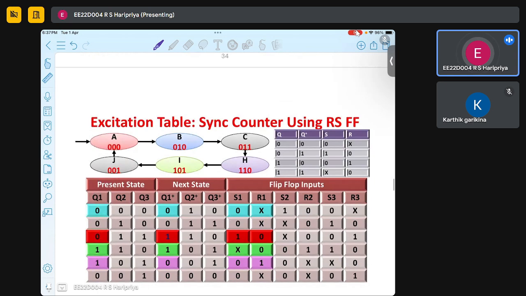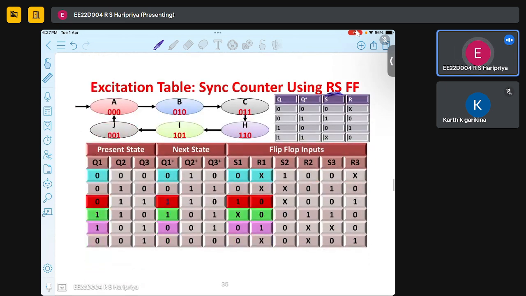Next, if we want to use RS flip flop, again, we have the load case also. Based on this, we will have more number of inputs. So we have to fill, say for example, 0, 0. It is 0x.